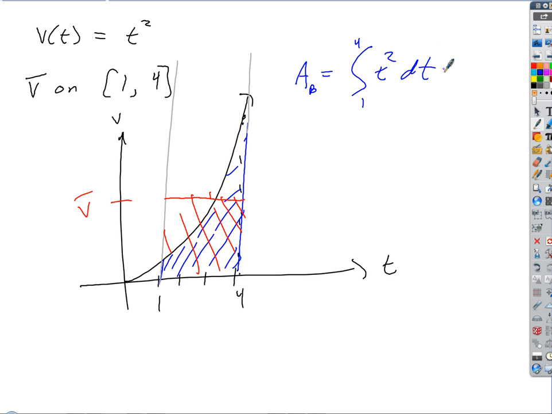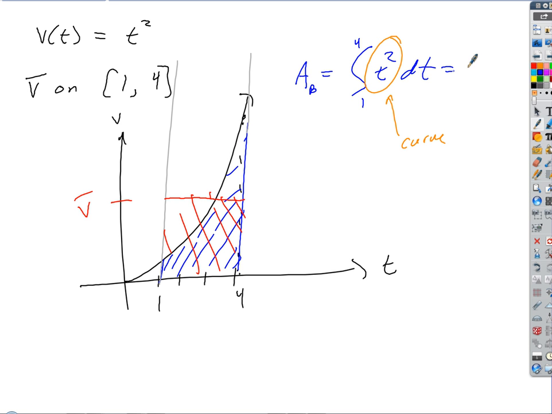Because think what this means. If we parse this into a graphical interpretation, the integrand, that's the curve, and we're looking for the area under that curve, right? Agreed? So this just says the area under t squared from 1 to 4. Isn't that what that picture represents? Right? So what's the antiderivative of t squared?